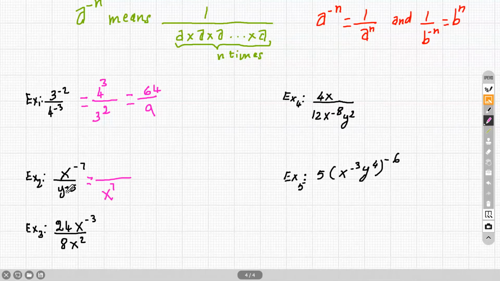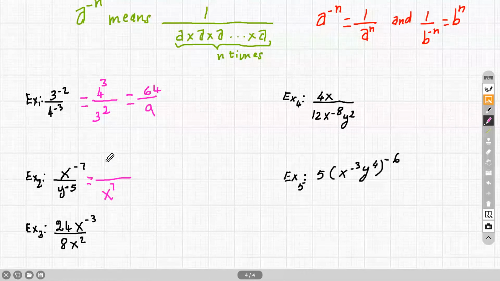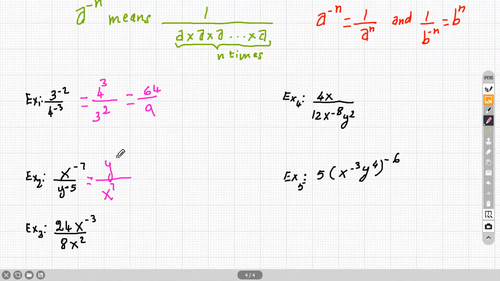And to make this exponent positive, I will move y to the negative 5 to the numerator. So that will be y to the positive 5. And then I'm done. Since they don't have the same base, it's already simplified as it is.